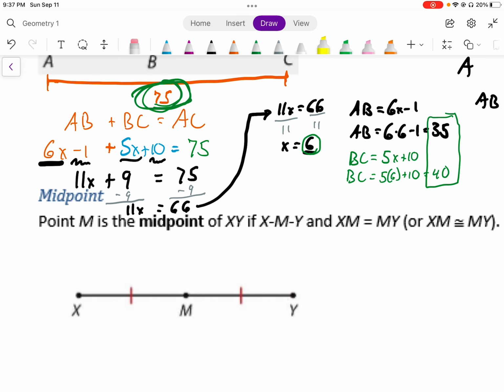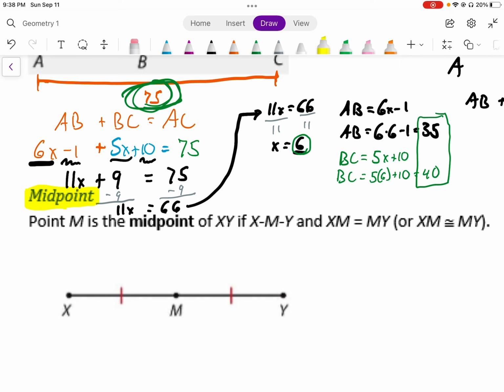So now we are learning about midpoint. Point M is the midpoint of XY if we have to settle two things here. It has to fit two characteristics. M is the midpoint of XY if, remember how to read this, M is between X and Y. So M has to be between them, but that's not the only thing.